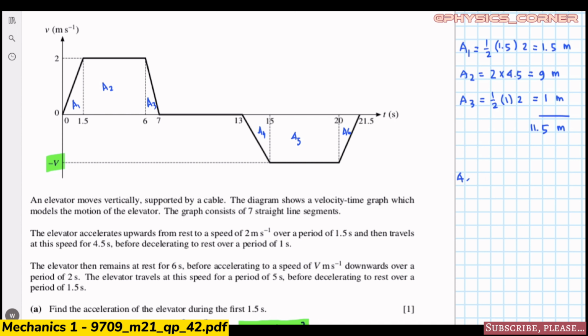Then area 6 is a half of (20 to 21.5 equals 1.5) times V, which equals 3 over 4, or 0.75V.